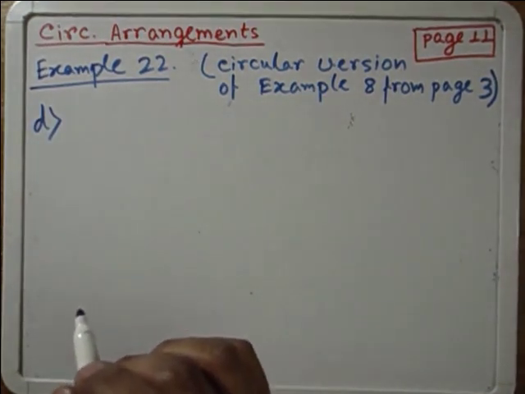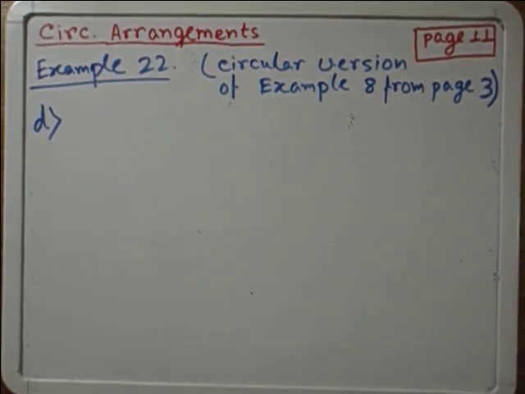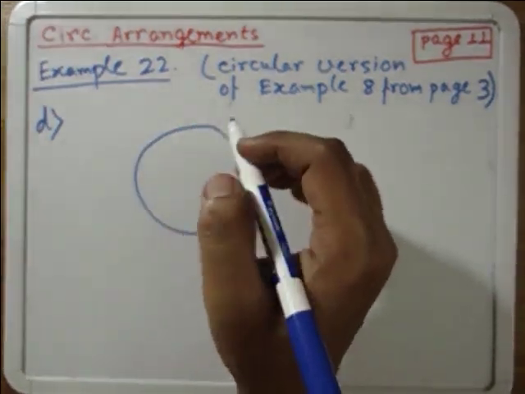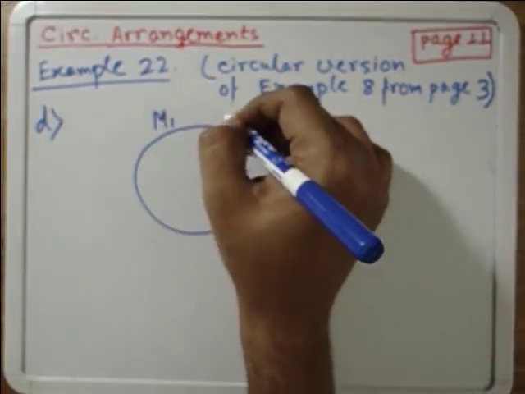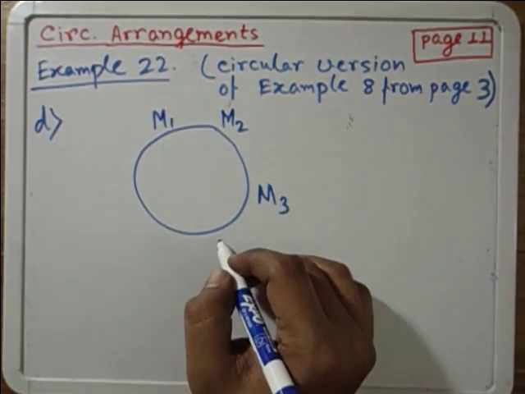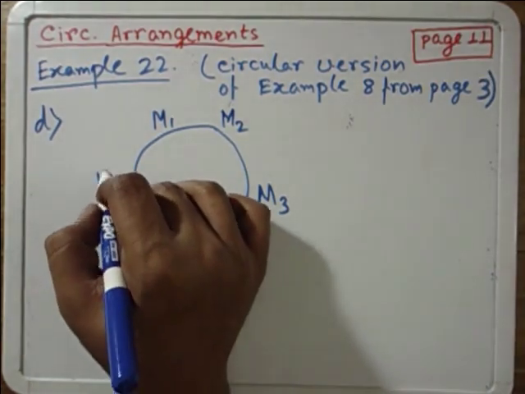Last one is part D. What if there are 3 men and 3 women in the group and all the women have to be seated next to each other? So let's say this is the big table and they are sitting like this. The first guy, M1, M2, M3, then W1, W2 and W3.